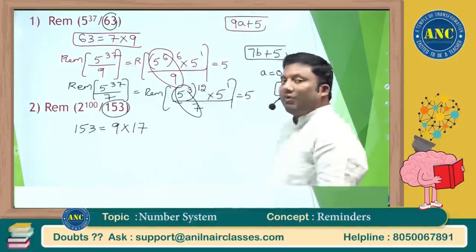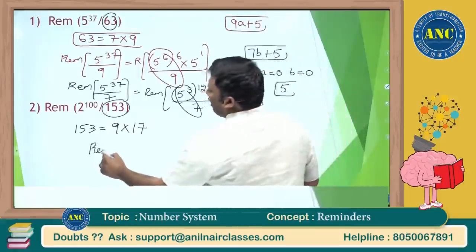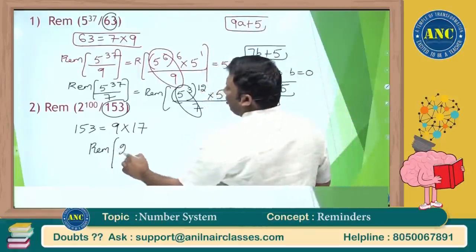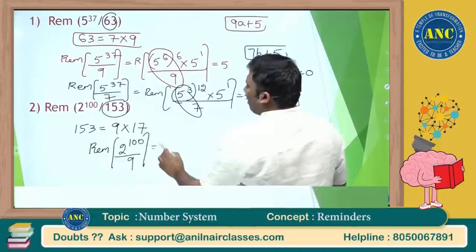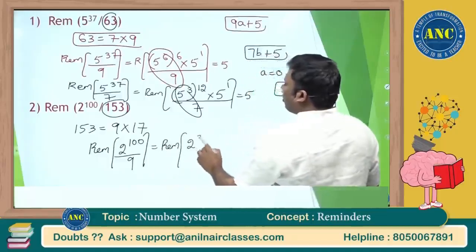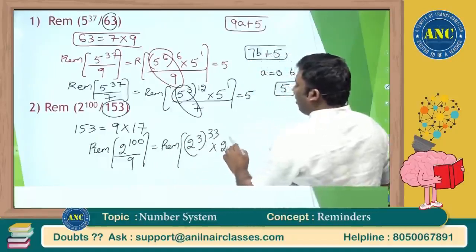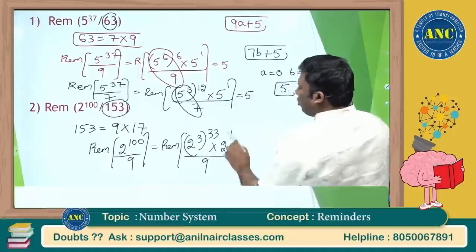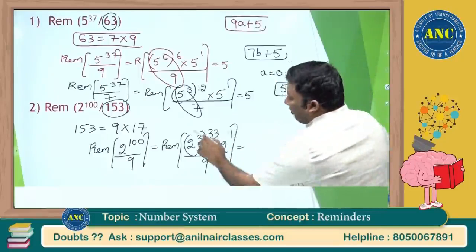So consider 2 power 100 divided by 9, which is 2 cube power 33 into 2 power 1 divided by 9.